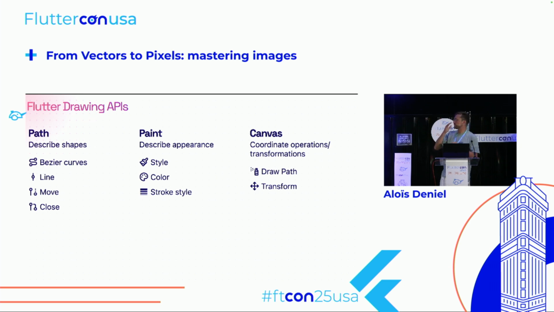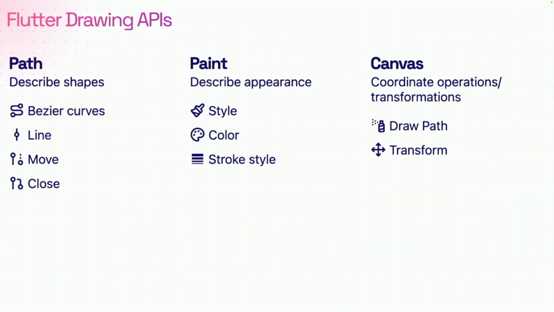You have the Paint object, which allows you to give a style to a shape when you want to draw it. And finally, you have the Canvas. It's one of the basics of Flutter, where everything is drawn onto. With these three different APIs, you can draw a lot of things already. Obviously, you won't be able to generate a photo out of this, or it will be really difficult. But it's perfect for drawing icons or illustrations, this kind of stuff.